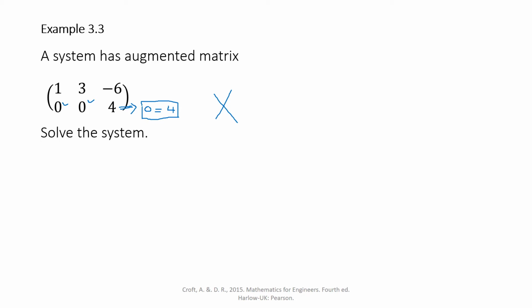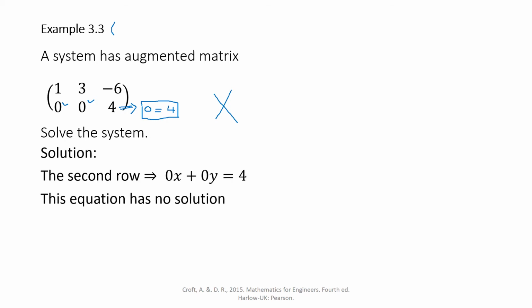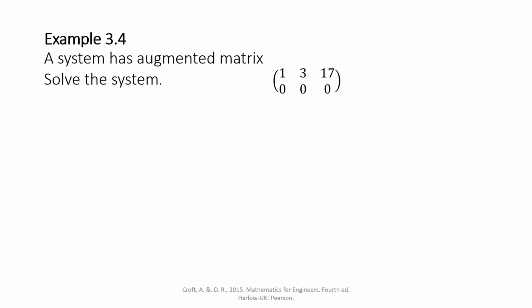It doesn't have any solution. This is case 3 we discussed. Sorry, I'm forgetting the page number, but I think you can see it from your book. So this equation has no solution, as I explained earlier that 0 cannot be equal to 4. Let's go to another example.